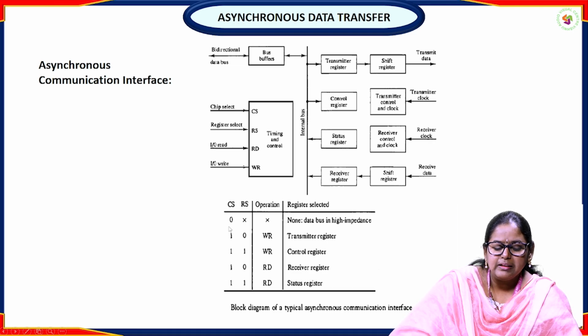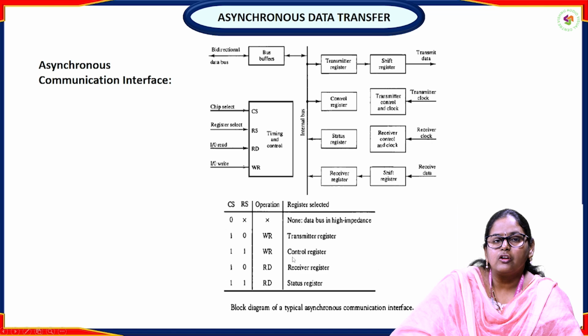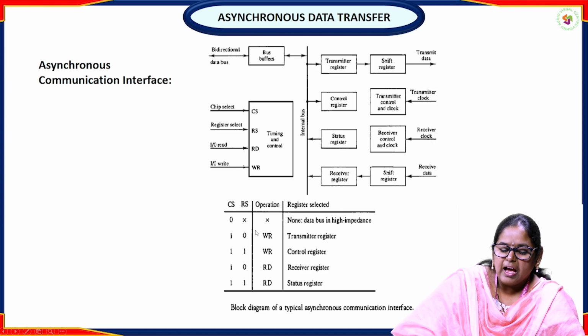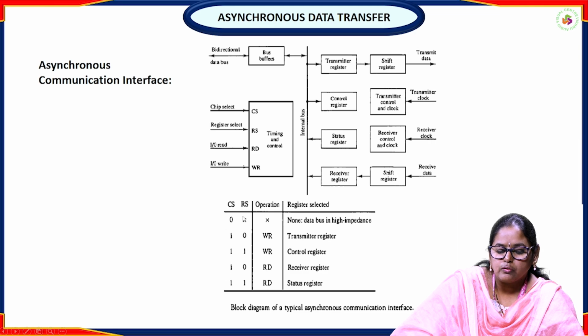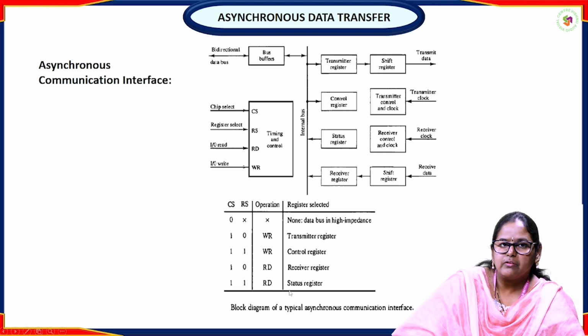In the same way, when CS is equal to 1 and RS is equal to 1, it again performs a write operation, writing the data into the control register. And when CS is equal to 1 and RS is equal to 0, it performs the read operation from the receiver register. Why? Because the receiver register holds the data which came from any of the input devices.